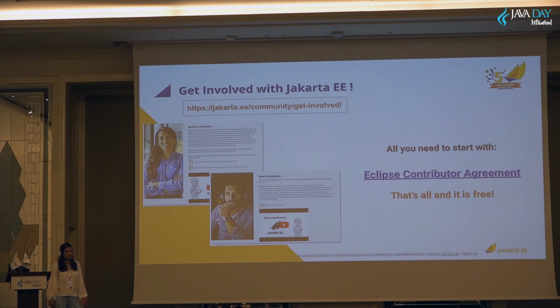Or it can be as small an engagement as becoming part of a mailing list and understanding what the conversation is there, to see if you're interested, and in future you can get involved in terms of contributions. But what you need to start with is to sign the Eclipse Contributor Agreement. But if your company is already a member organization of the Jakarta EE Working Group, you already have that in place and you don't need to do anything.